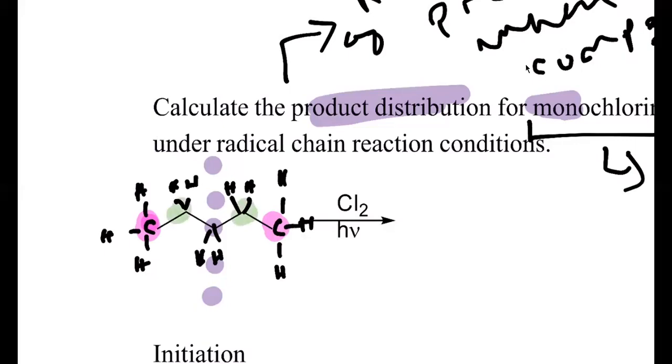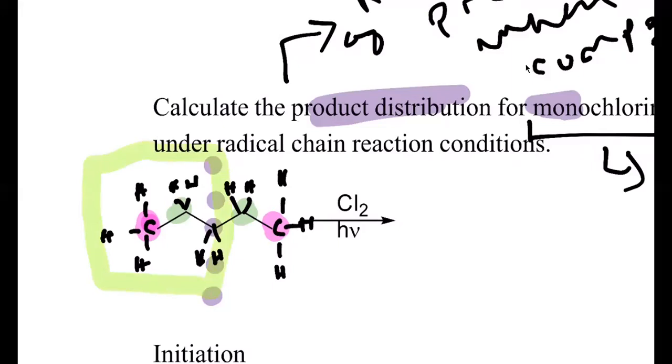Are y'all following that? So we're only going to focus on, let's say, the left side. The carbon in the middle doesn't have anything to compare it to, so you're going to work with that too.